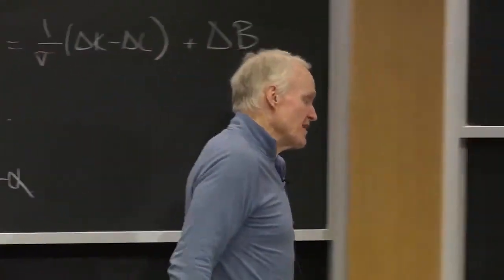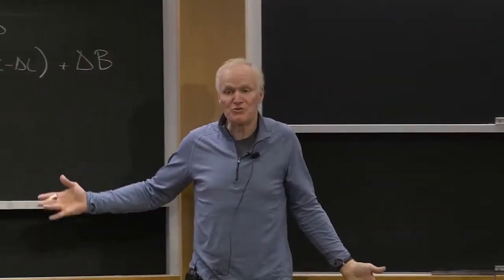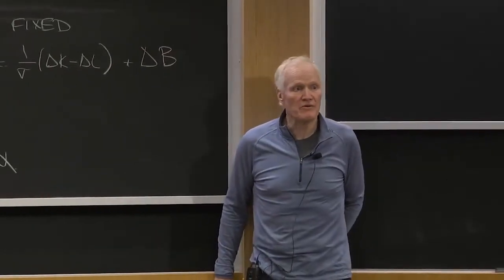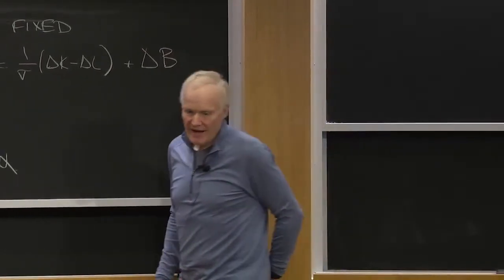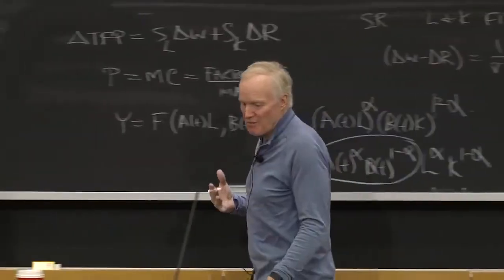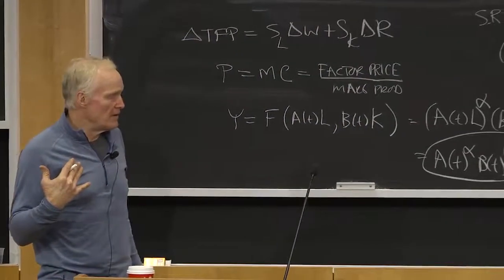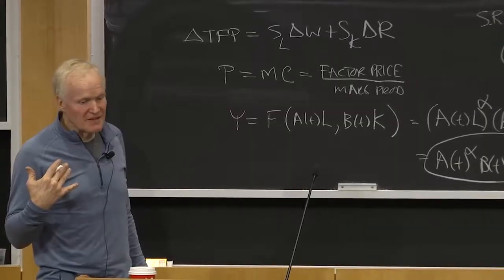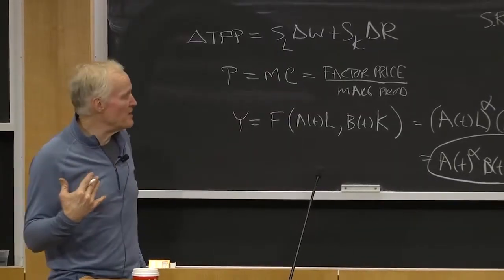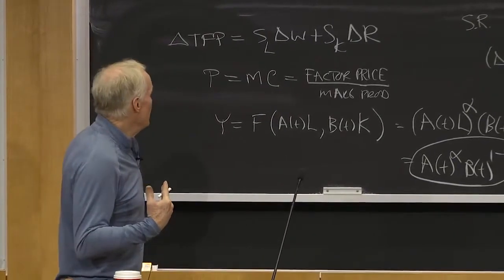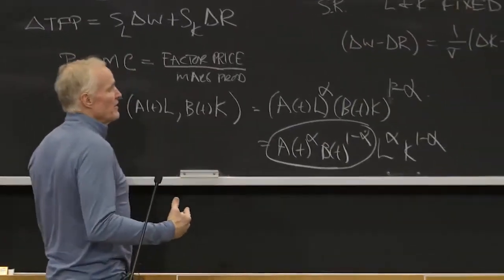When the elasticity of substitution is 1, they're both neutral, right? This is how the world works. And I like to think about technological bias because that kind of is a much simpler way to look at the world. Now, one thing that's a little different between measuring technological bias and measuring technological progress.